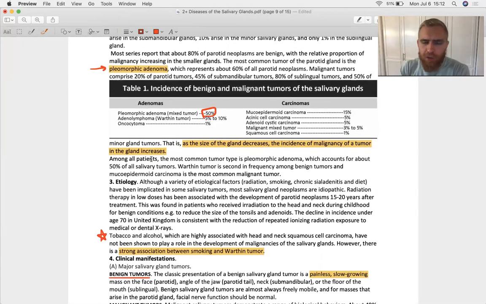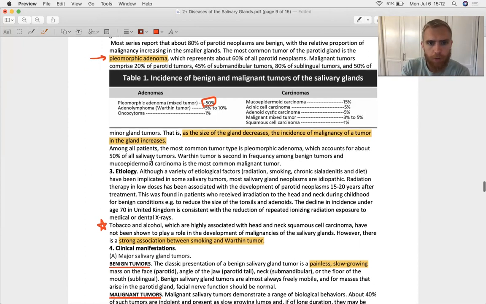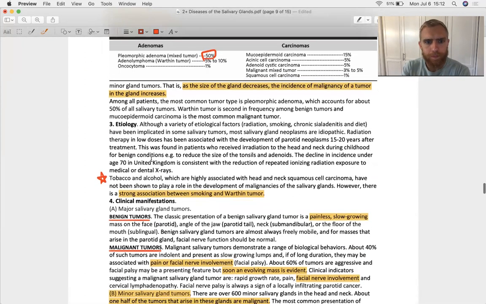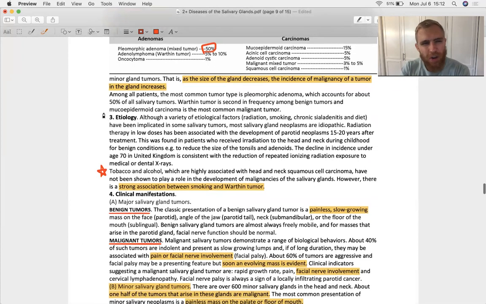Generally, the parotid tumors are not going to metastasize or be malignant, and then the smaller the gland gets, meaning as you go to your smaller major glands, then to your minor glands, the risk of malignancy of a tumor in that gland increases. There are really no glaring associations or risk factors for salivary neoplasms.